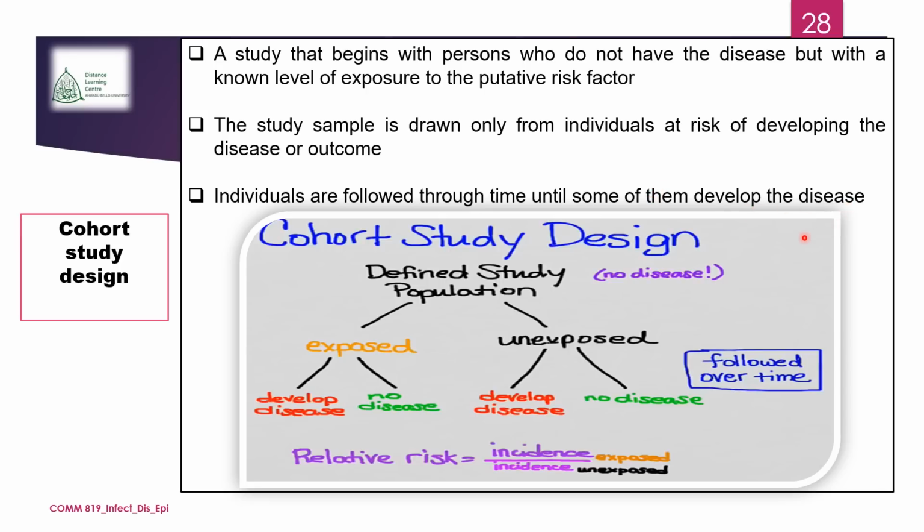A typical example is people that live near telecommunication masts. We know that physical radiation from these telecommunication masts is usually associated with cancer.